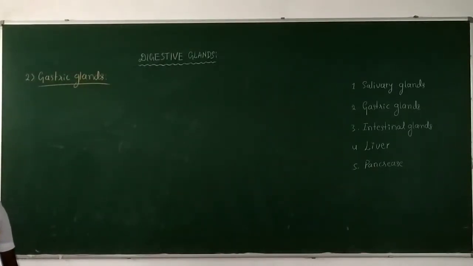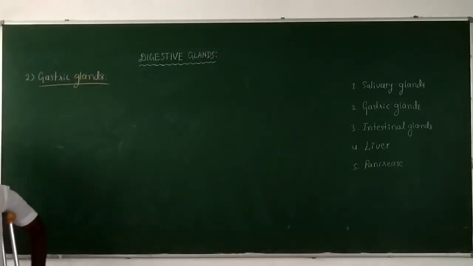Gastric glands are also digestive glands which are present inside the stomach. And these gastric glands are made up of 3 types of cells.